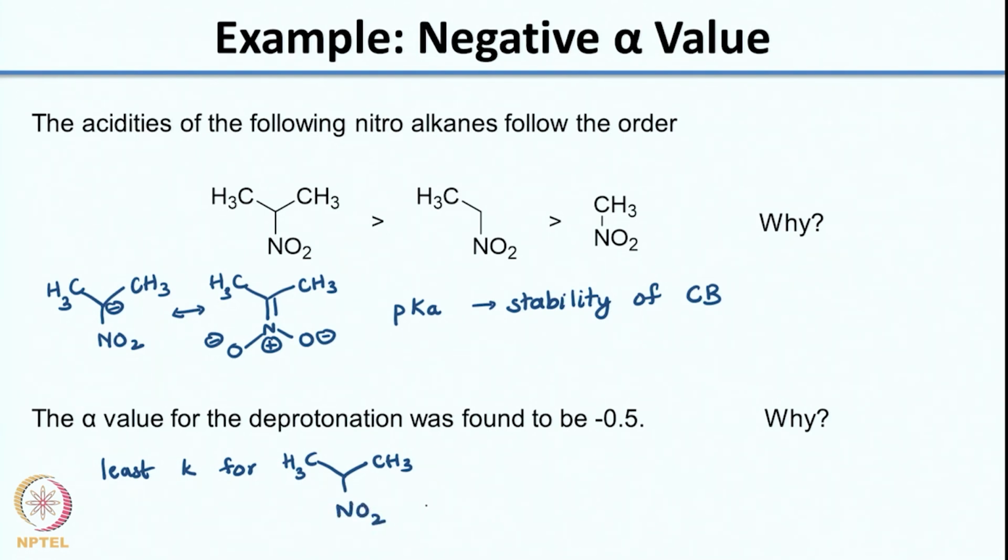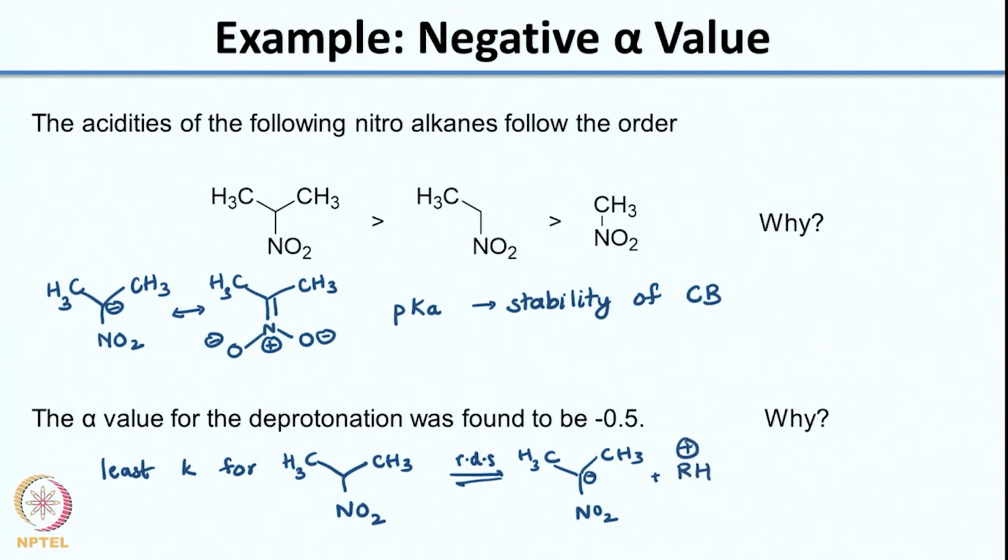Because in this case you do not have complete deprotonation. So, when you look at your rate determining step, this will be protonating some reactant. Let us call it RH plus.